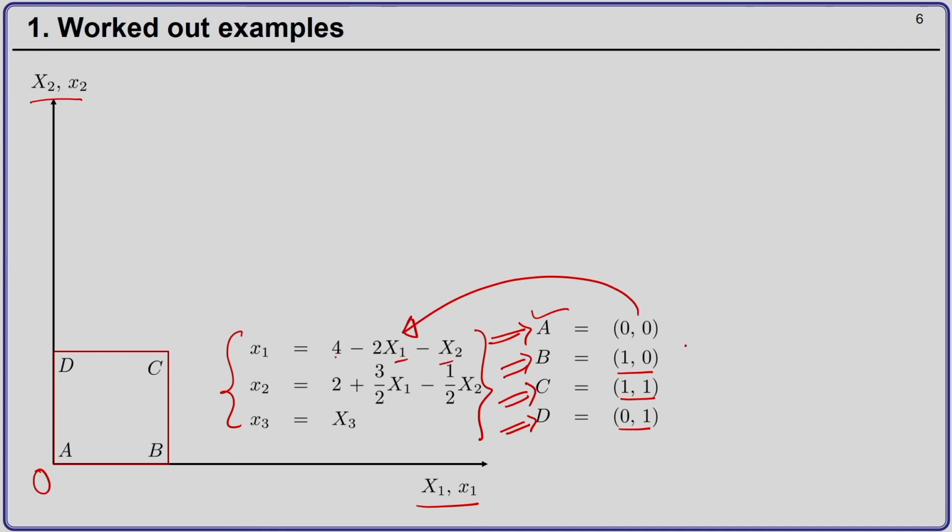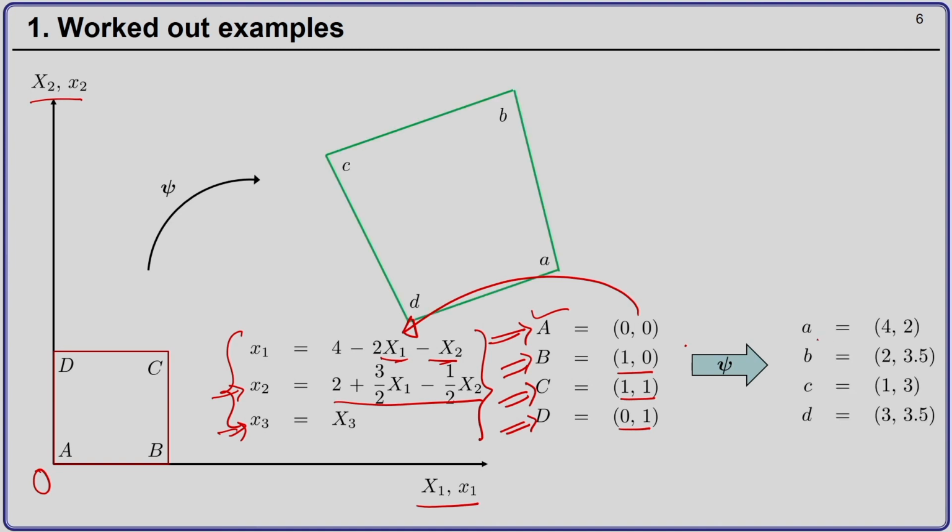So, you will have 4 minus 2 times 0 minus 0. So, the current x coordinate of point A will be 4, and then if you substitute 0 0 in the second expression, you will get 2. So, the current y coordinate of point A will be 2, and x3 is anyway 0. Similarly, you can do it for all other points.